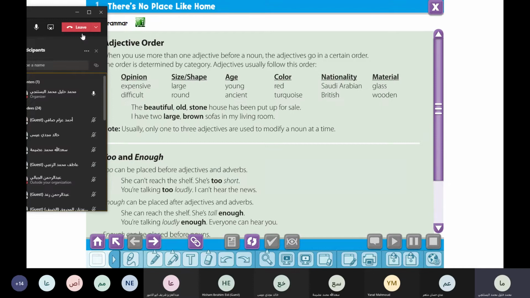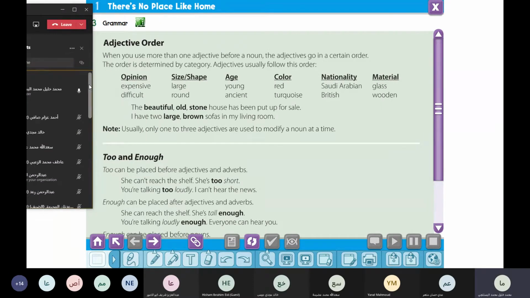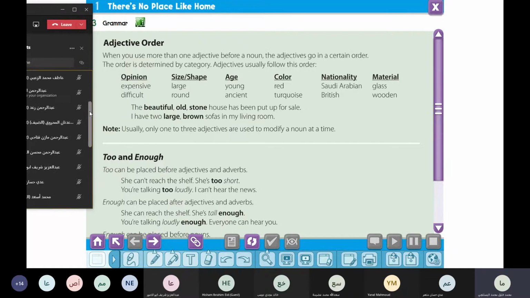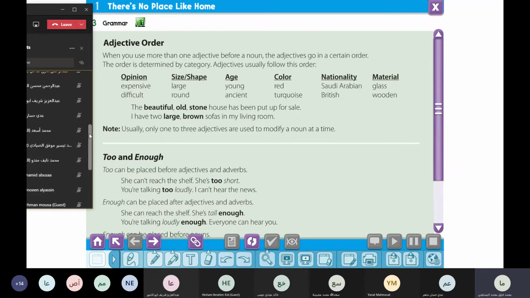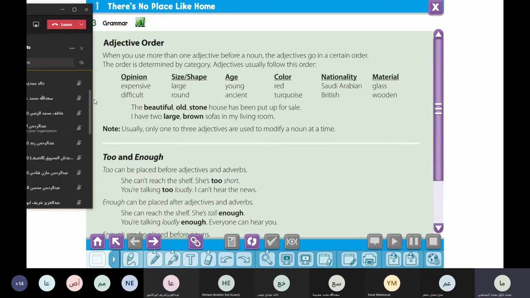Now, if you look at the second structure, I think you have studied it before, using too and enough. Too here means more than necessary, and it gives a negative meaning. But enough means what? What does it mean, enough? It means sufficient.